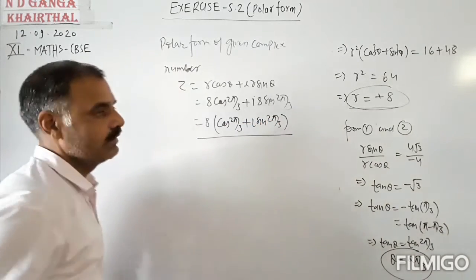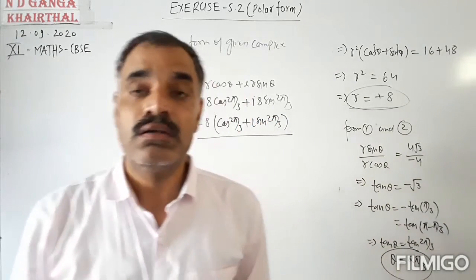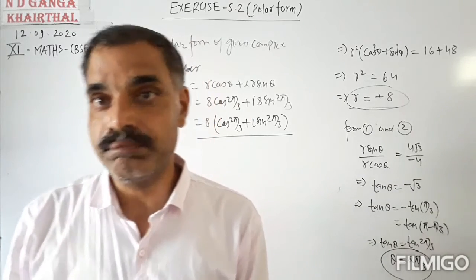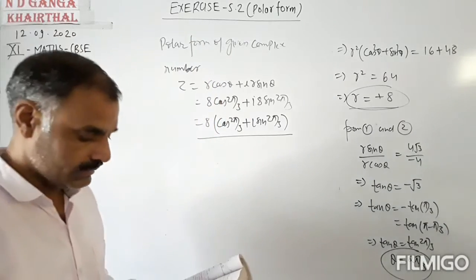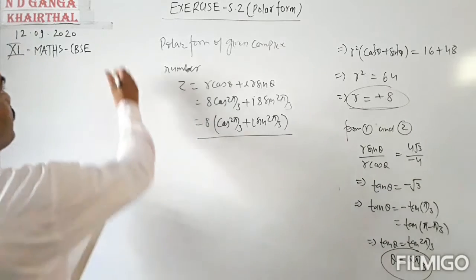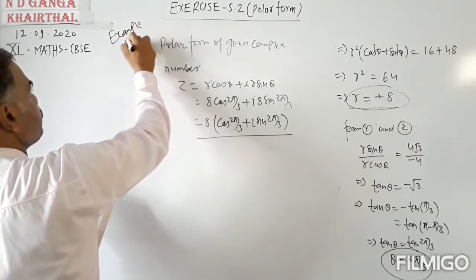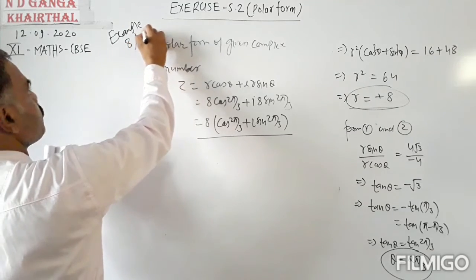Okay, so this is the polar form of the given complex number in example number 8, page number 107.